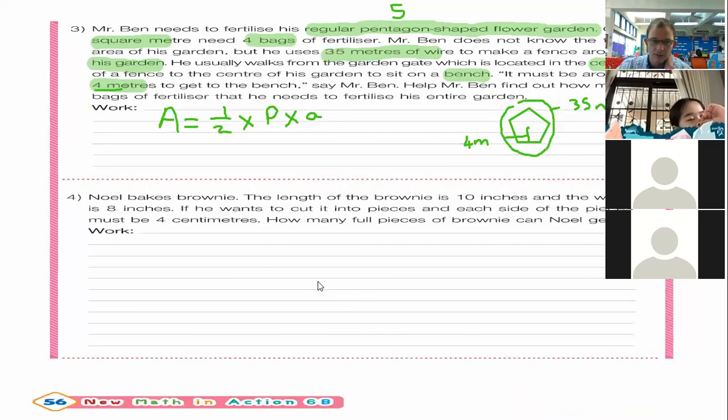Okay. So then we start calculating. Half times 35 times 4. So first do 35 times 4. What equals 35 times 4?